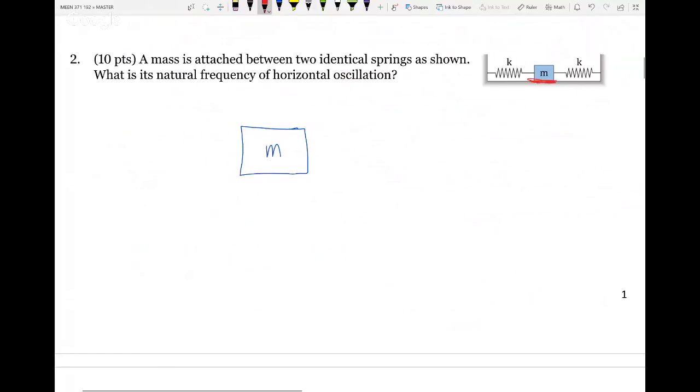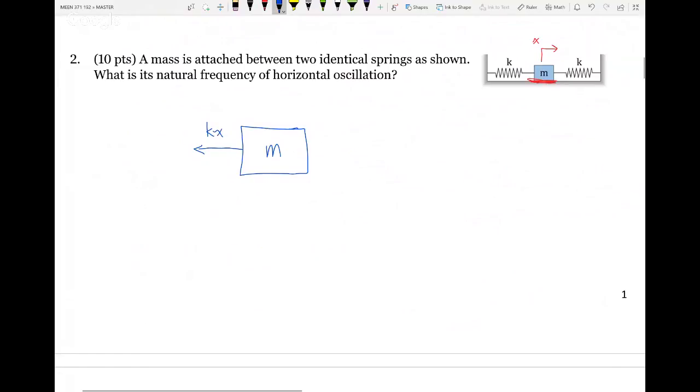So we can consider this without the gravitational force and normal force. Let's say that this is going to be our x direction. Okay, so if x is positive, then it's going to be shifted a little bit such that we now have this spring pulling back at Kx.